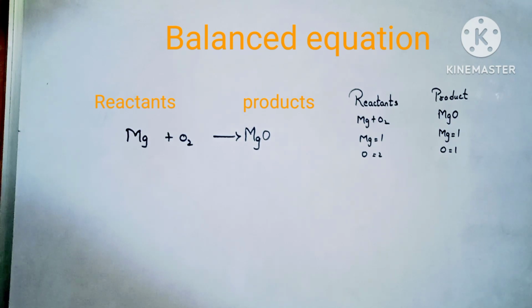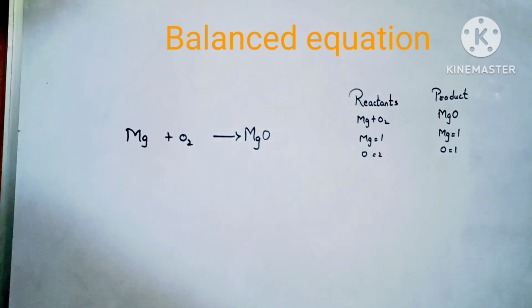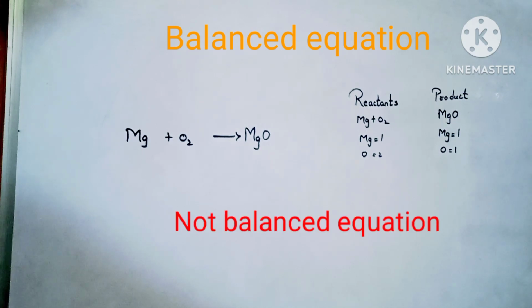The number of atoms in the reactants is 3: 1 atom of magnesium and 2 atoms of oxygen. And the number of atoms in the product is only 2: 1 atom of magnesium and 1 atom of oxygen. Here in the product, 1 atom of oxygen is less than the atoms of oxygen present in the reactant. So it is not a balanced equation.